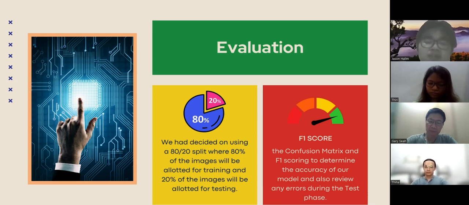The result of this learning process is first the trained model itself, second the confusion matrix, and third the F1 score, which is the harmonic mean of precision and recall. We're using these 2 metrics, the confusion matrix and F1 score, to evaluate the accuracy of our model and also review any errors or anomalies during the test phase. Next, I would like to invite Kevin to continue the presentation.